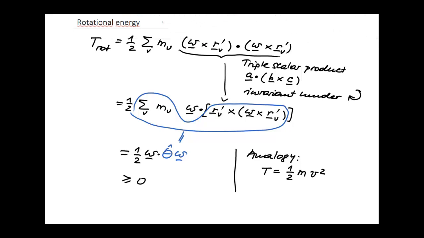We have the same structure. It's 1/2 omega theta omega, and there it's 1/2 mass times velocity squared. So there's a formal analogy between mass and moment of inertia and between ordinary velocity and angular velocity. It's of course not a strict analogy, but it's maybe a way that helps to memorize the formula.